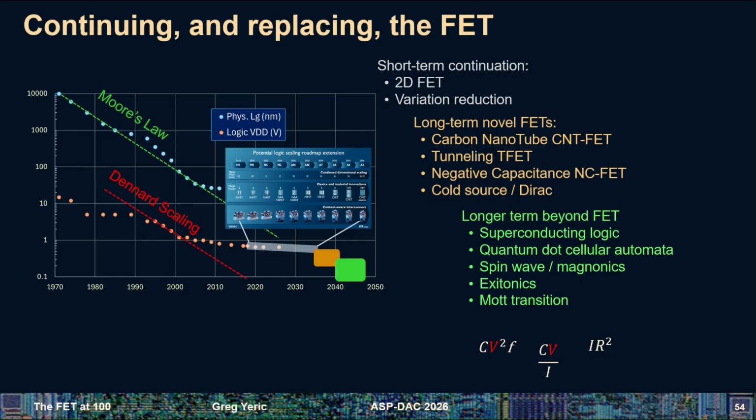Quantum dots, spin wave is the NRAM effect that's used in the memory. You can also make that into a logic device. What you're going to see with the superconducting devices and the spin wave devices is probably an issue with the lack of gain.